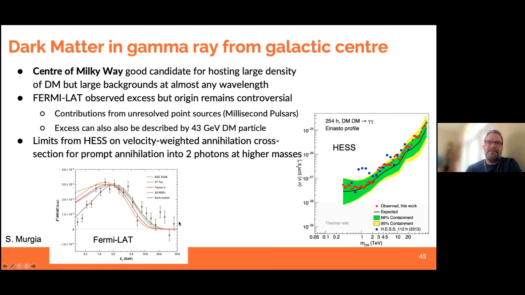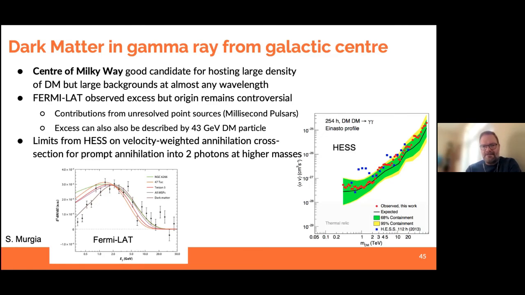But then with more statistics, it will also be interesting what is happening to this high end tail, because I think that then you cannot really describe it with the dark matter signal. So, to summarize, I think that there is an excess, but it's still really heavily debated as to what the origin is.